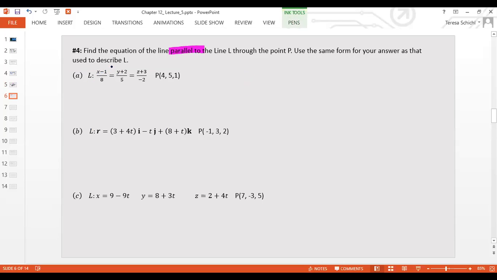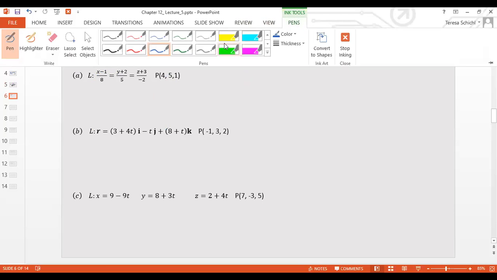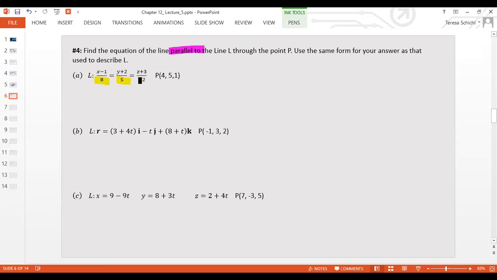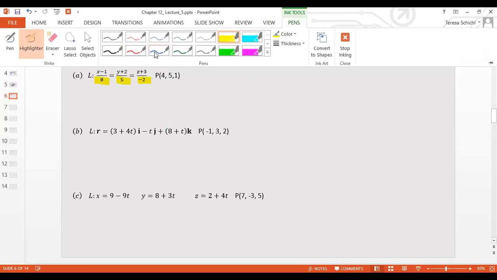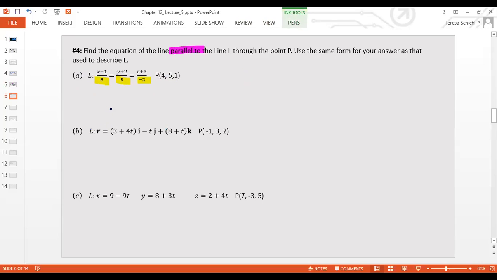So this is a parametric form. I said find the line passing through this point. So those numbers are the direction vector numbers, right?